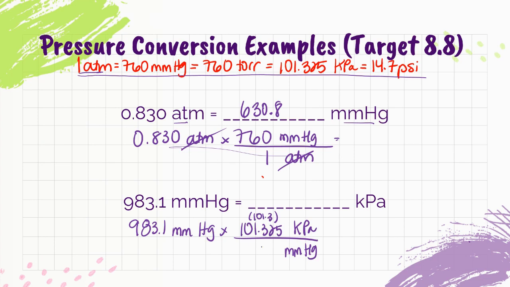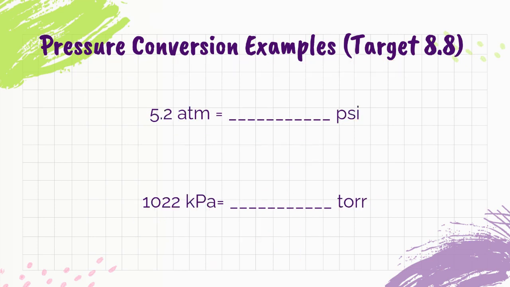You decide how you want to do it. And then millimeters of mercury, well, that was 760. So millimeters of mercury cancel. You're going to have to multiply 983.1 by 101.325 and then divide by 760. So you should end up with 131.1-ish kPAs.